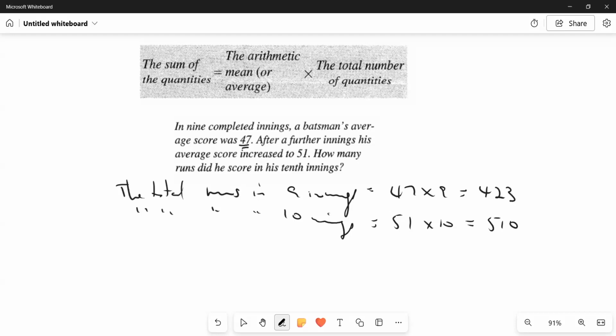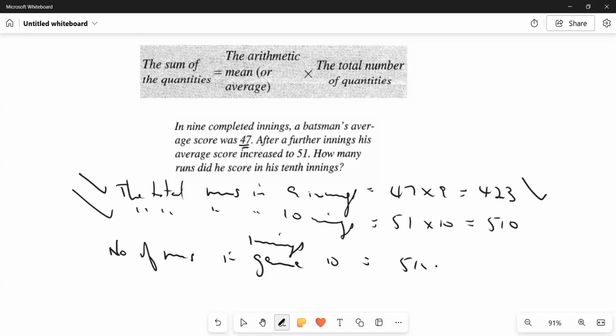So if in 9 games he made this amount of runs, and in 10 games he made this amount of runs, how much did he make in his 10th game? Number of runs in game 10, right? Or innings 10 would be equal to 510 minus 423.